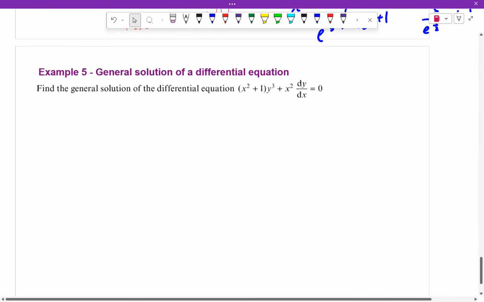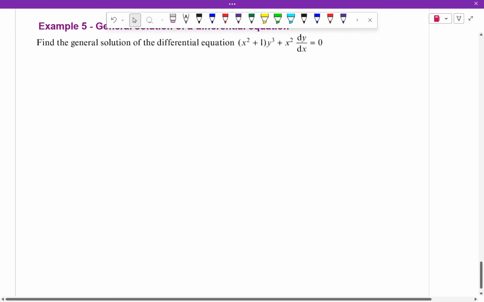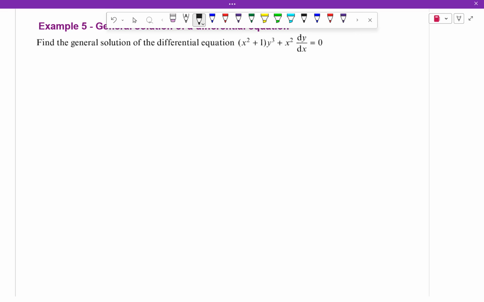Welcome to differential equations. The main thing is that we value your steps of working more than the final solution. So don't panic if you feel the final general solution is not perfect.